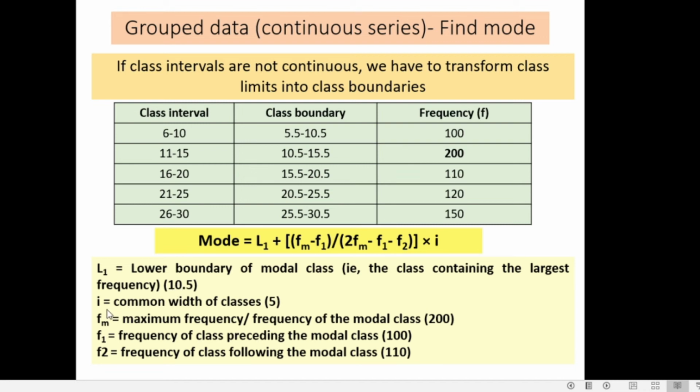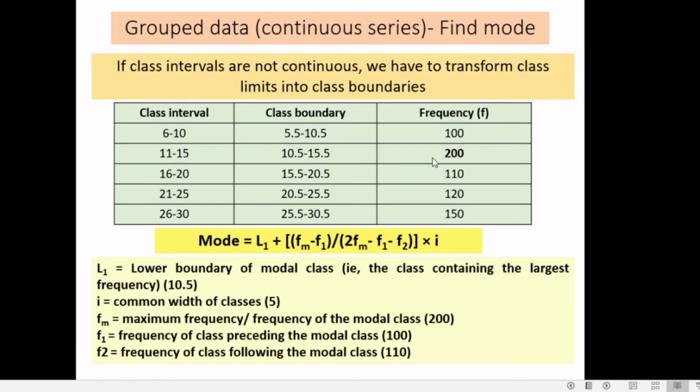Now, what is I? I is the width of each class. What is the width? 15.5 minus 10.5 is equal to 5. 20.5 minus 15.5 is equal to 5. So the width is 5. Then next is Fm. Fm is the maximum frequency, or the frequency of the modal class.